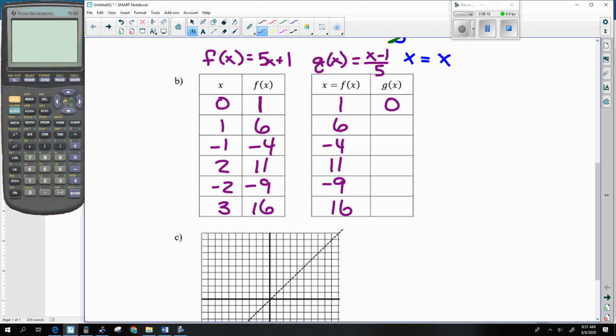So this is going to be 0, 1, -1, 2, -2, 3. And so, yes, indeed, I did show that if this is x and y, and this is x and y, notice how the x's and the y's switch places.